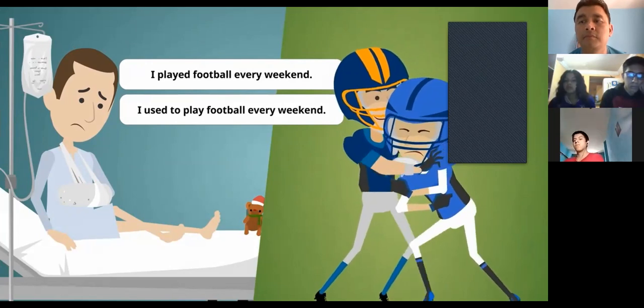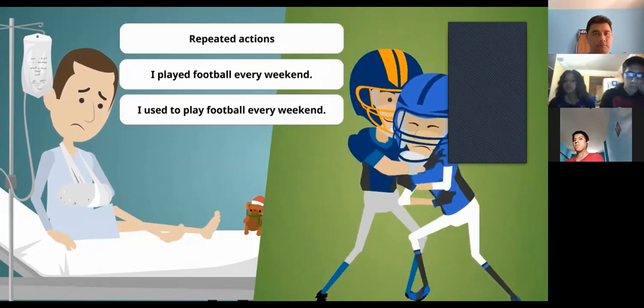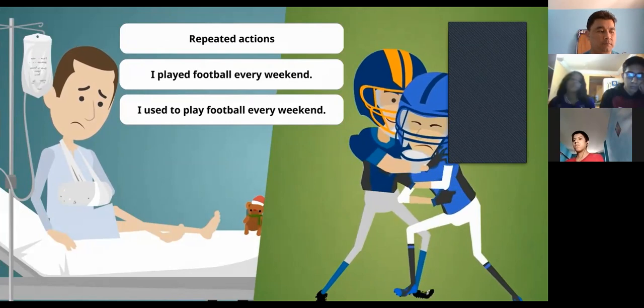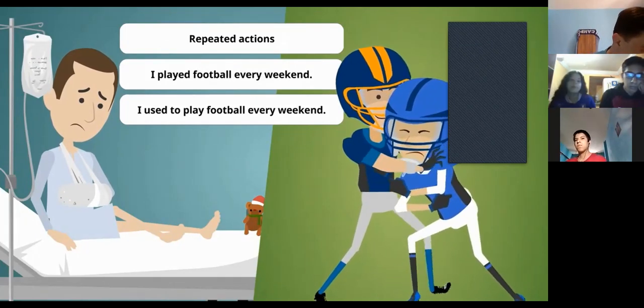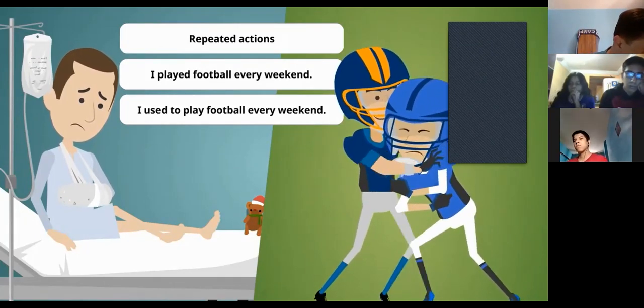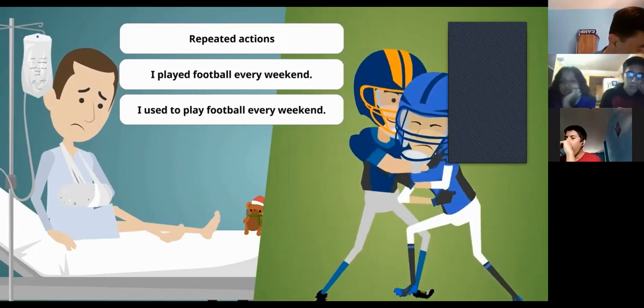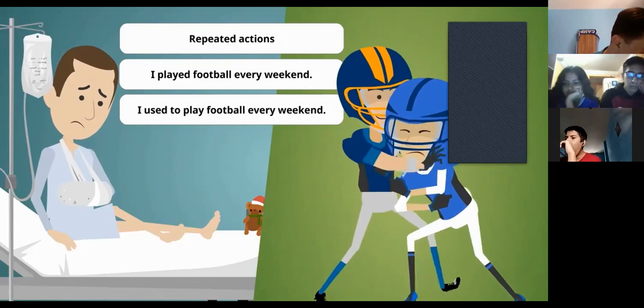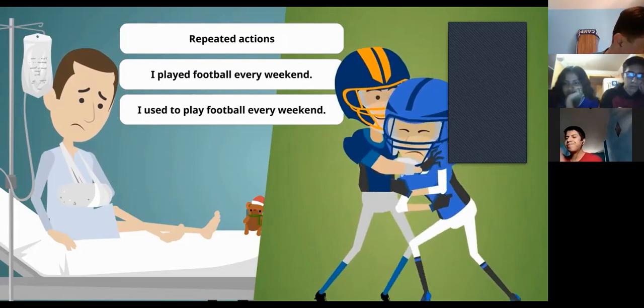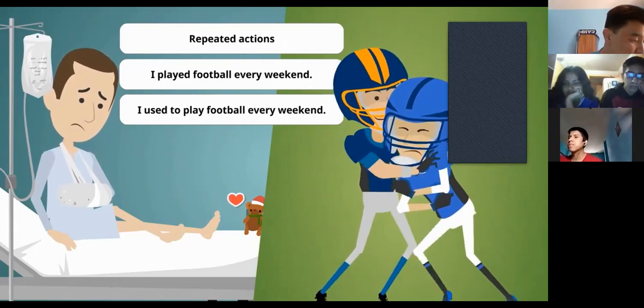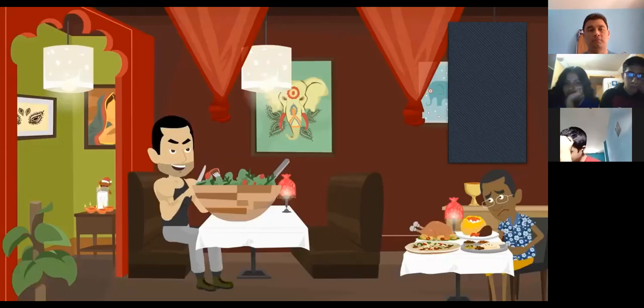In this case, we're talking about a repeated action in the past. However, we can also use the past simple instead. So I played football every weekend has the exact same meaning as I used to play football every weekend. There are also other specific uses of used to and didn't use to.